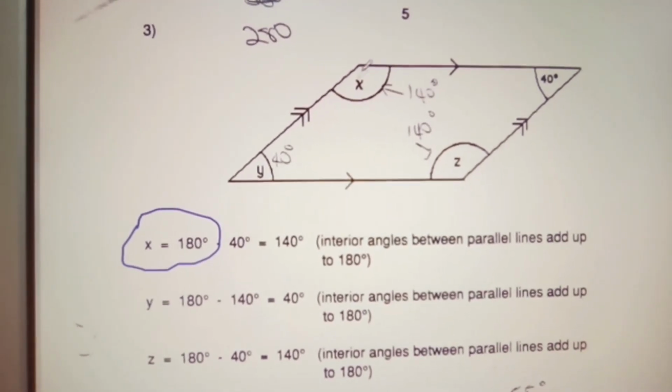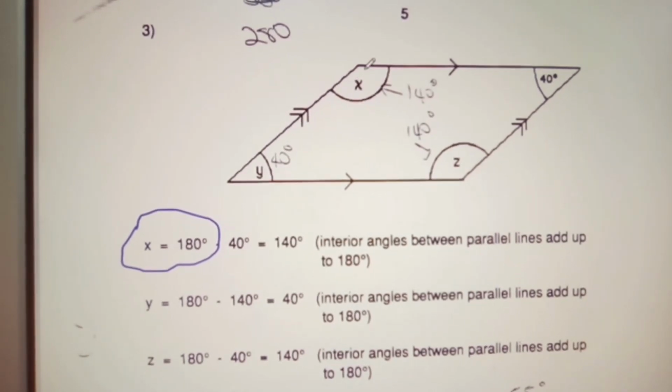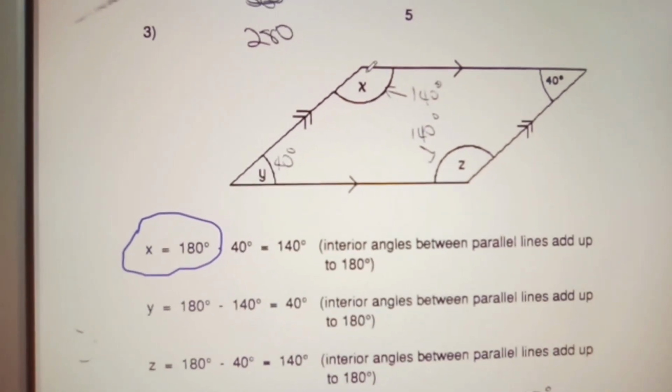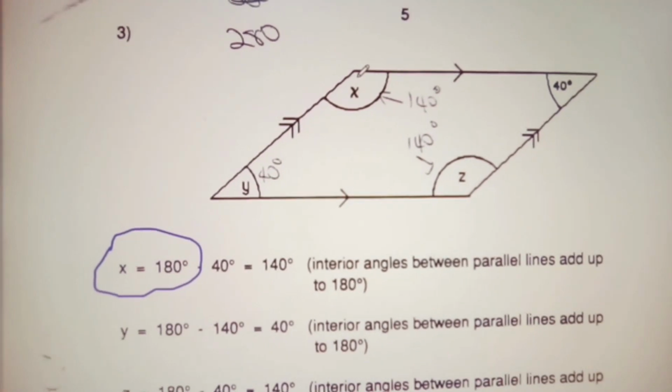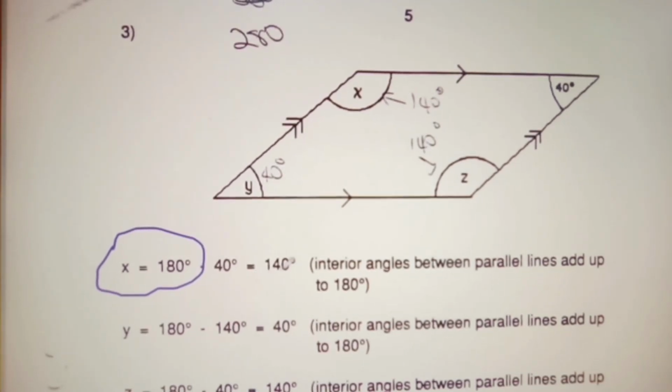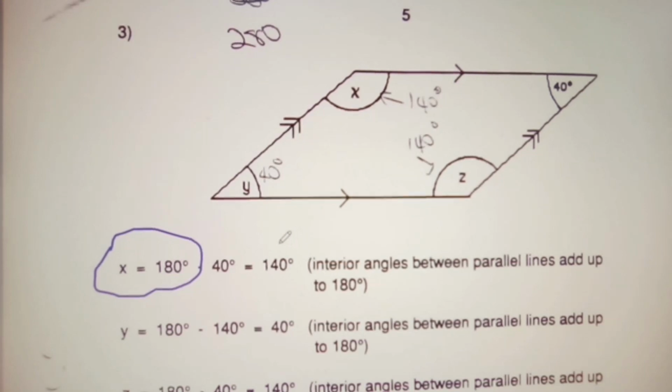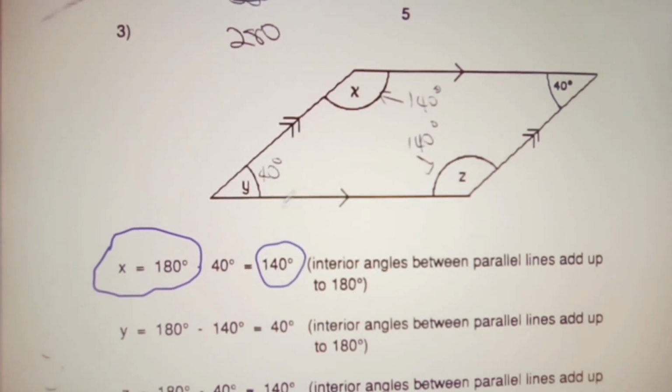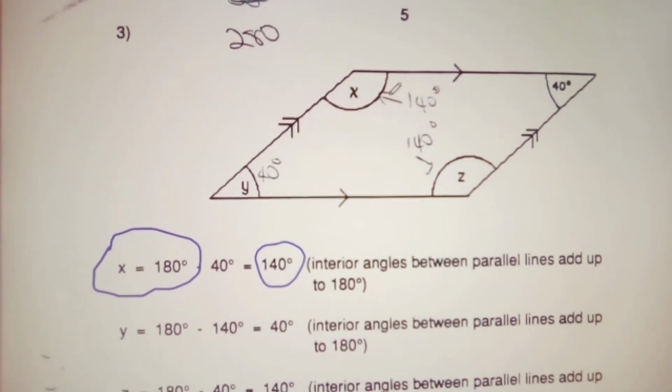Now remember, it is a matter of your perception in each case, and it matters. 180 minus 40 will leave you what? 140. So we know that x here is equal to 140.